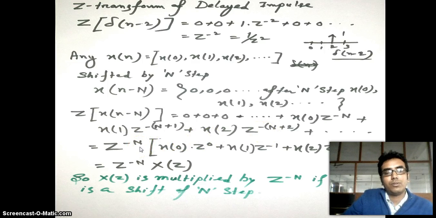If you do the calculation, then you will find that it will be z to the power minus n times the Z transform X(z). So the Z transform of x of n minus n will be z to the power minus n into X(z). So X(z) is multiplied by z to the power minus n if there is a shift of n steps.